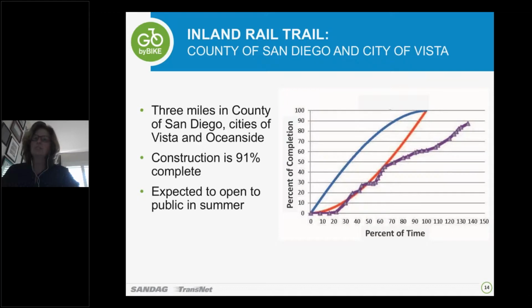And so we have an additional segment of Inland Rail Trail right now under design in the city of Vista, kind of continuing our way west. And we're looking at some of these painful lessons we learned in this segment and definitely plan to avoid those in these next couple of segments of Inland Rail Trail and really in all of our projects where we can.